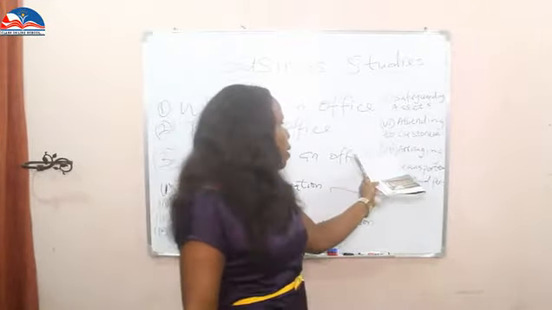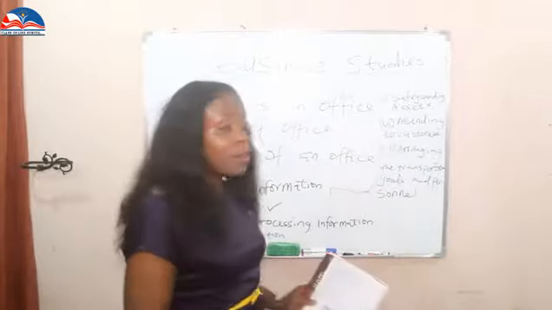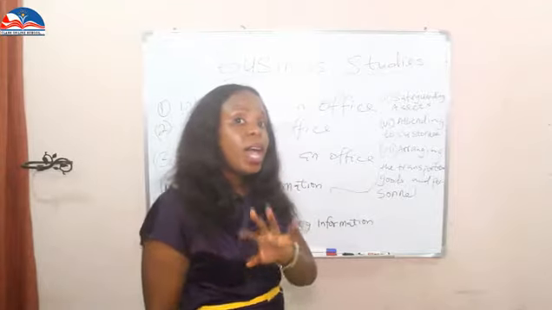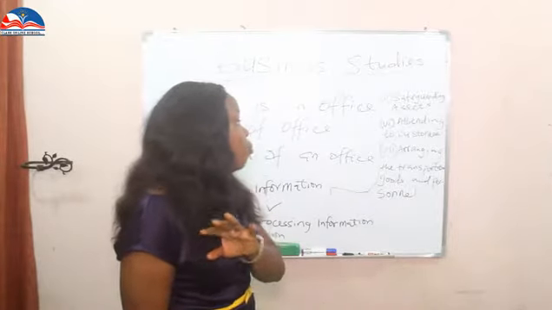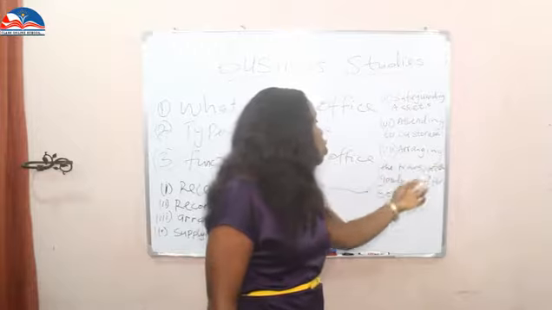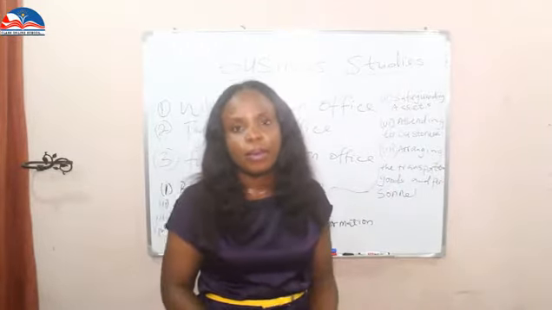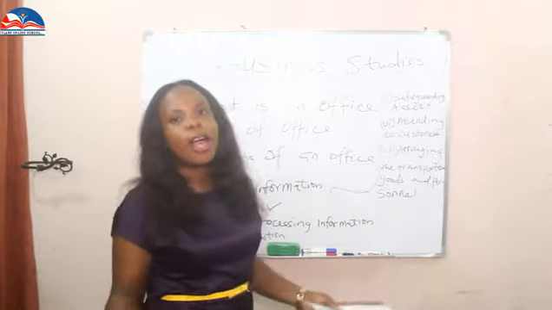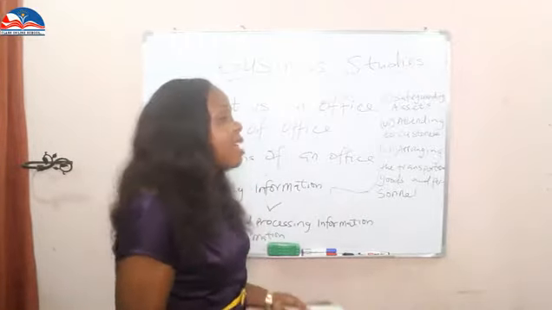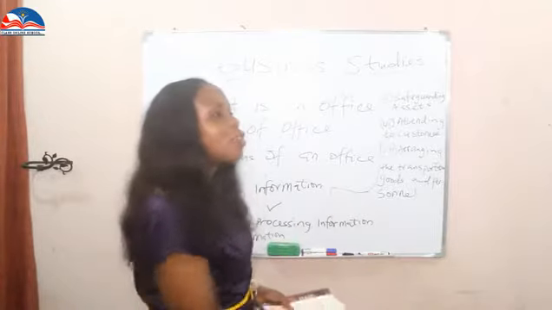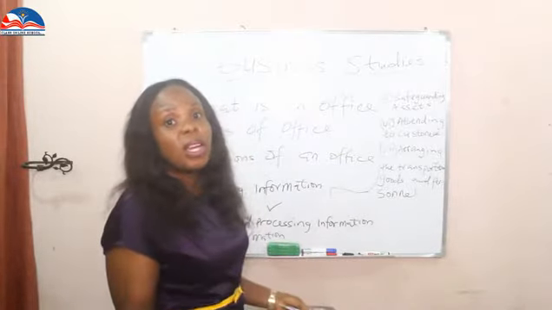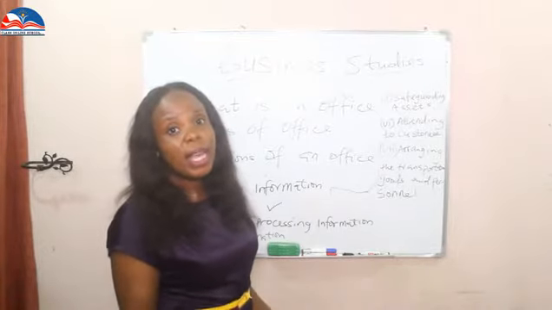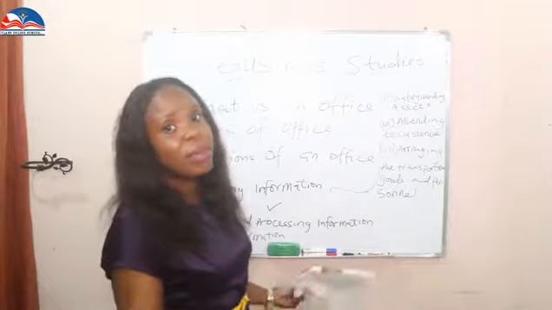And so last but not the least of these functions of an office, the organization or the office has the function of arranging for transportation of goods and personnel. If an organization produces or an office carries out a production process and it is not shipped out or transported to where it will be consumed, that means the materials will just go bad, get spoiled, and at the end of the day you will not maximize profit.